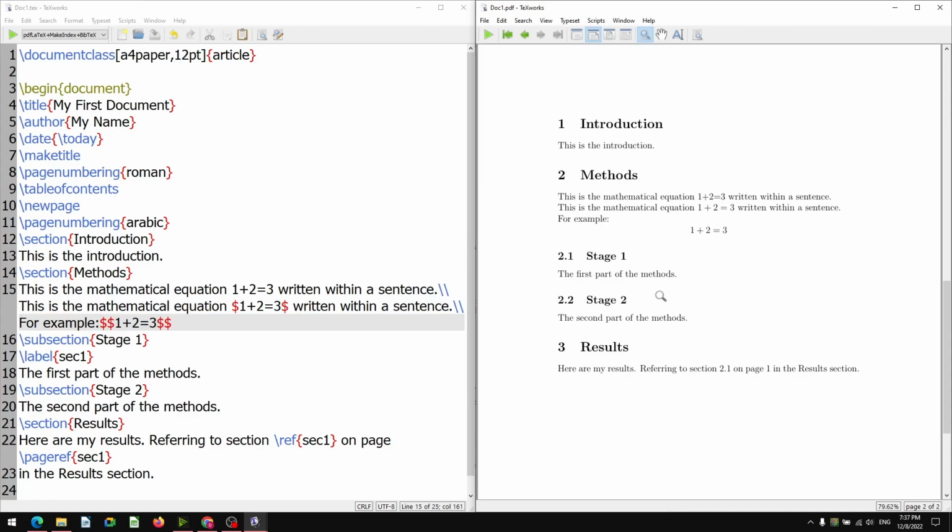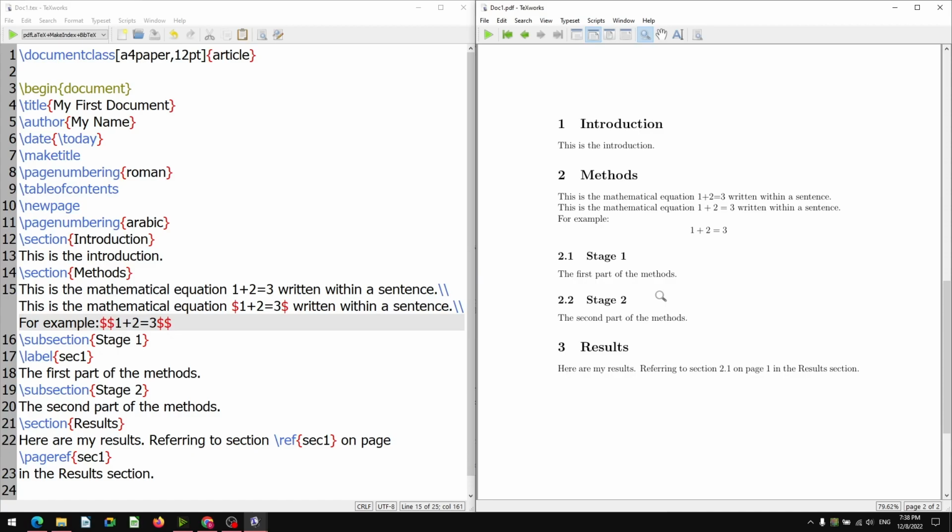Now this equation is displayed as an equation on the separate line, but the equation is not numbered. We can number a single equation, and at the same time we can number an array of equations, with the commands backslash equation and backslash eqnarray.